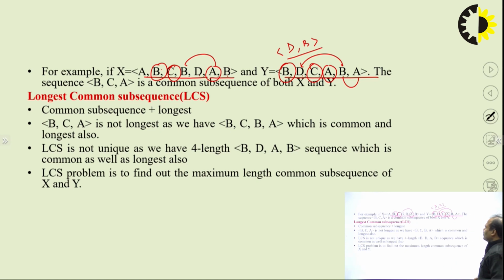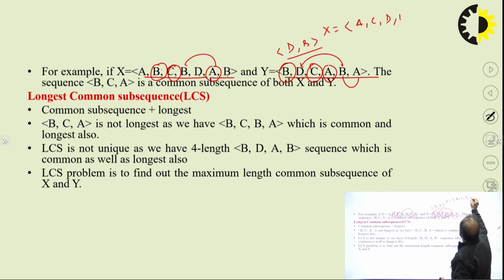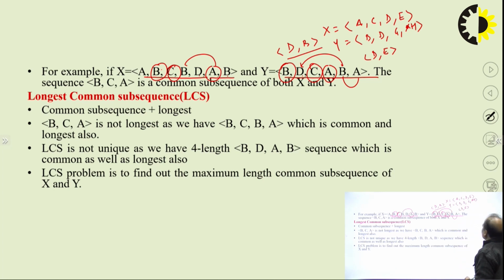That means this is also common between X and Y. For example, let us consider X is A, C, D and E and Y is, let's say, B and D and G and H. If we ask whether DE is a common subsequence between X and Y, the answer is no, because DE is not common between both X and Y.